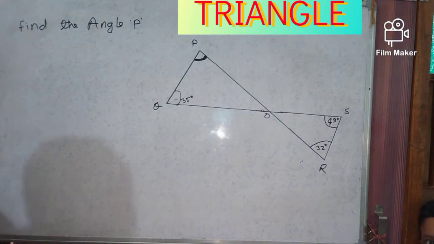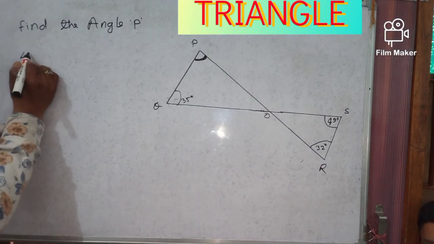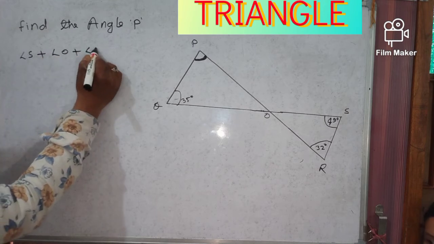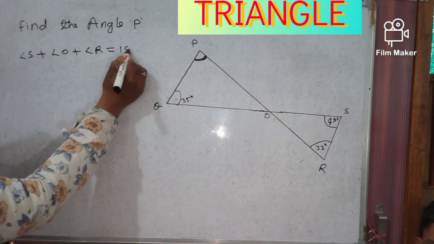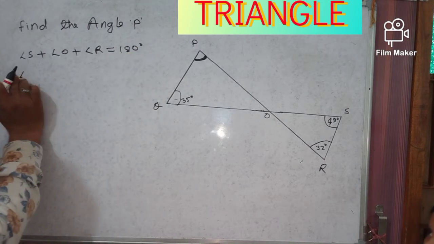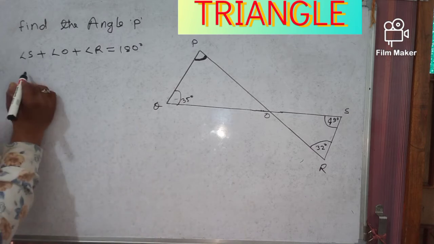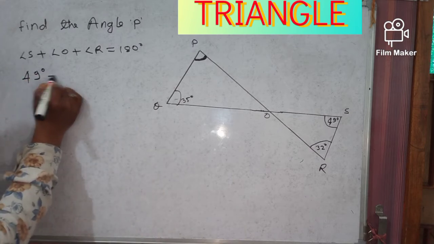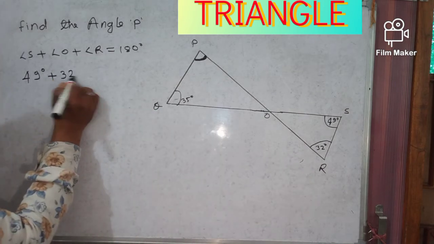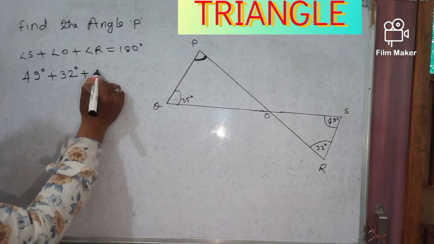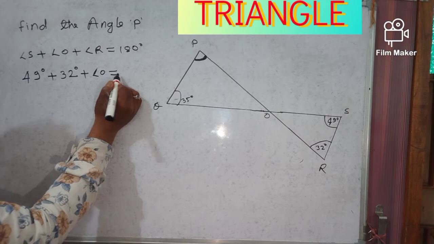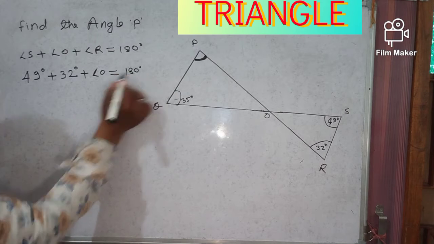So now see here, angle S plus angle O plus angle R is equal to 180 degree, right? So angle S is 49 degree plus angle R is 32 degree plus angle O is equal to 180 degree.